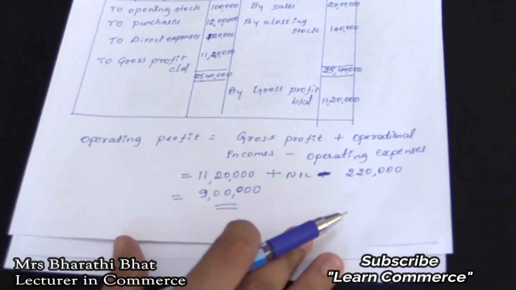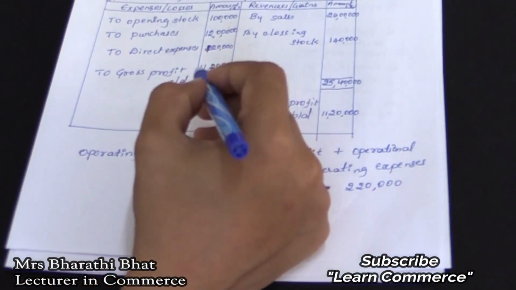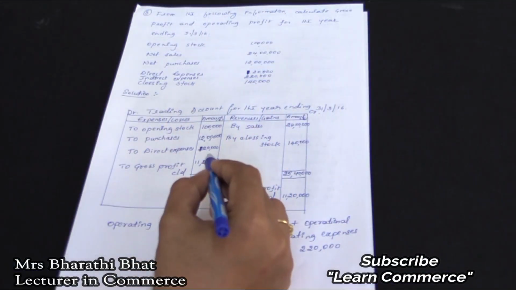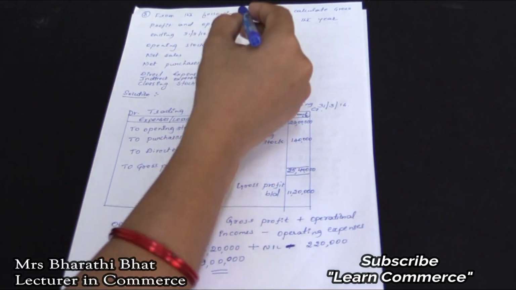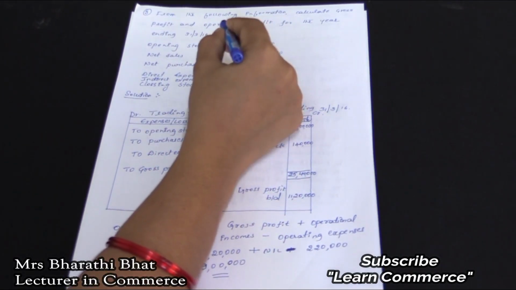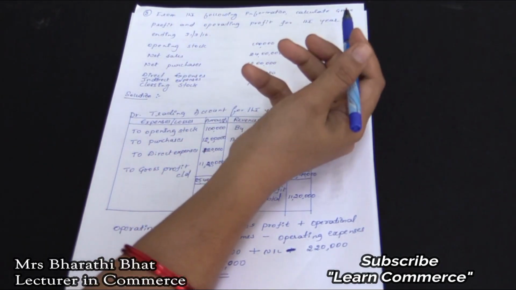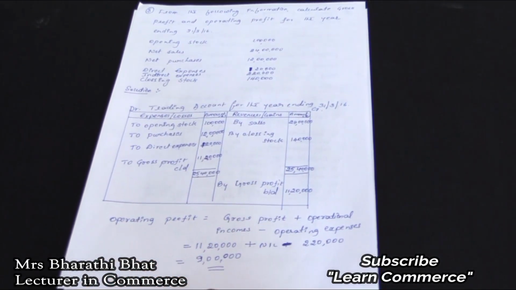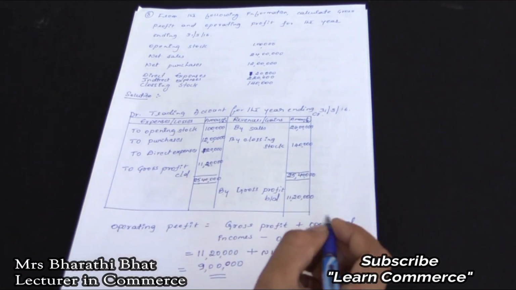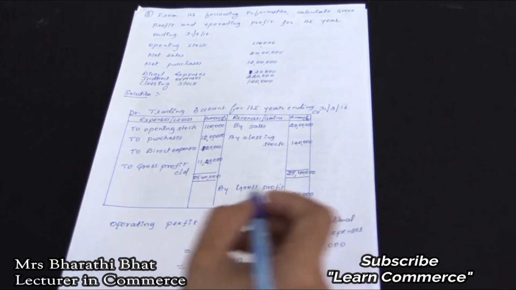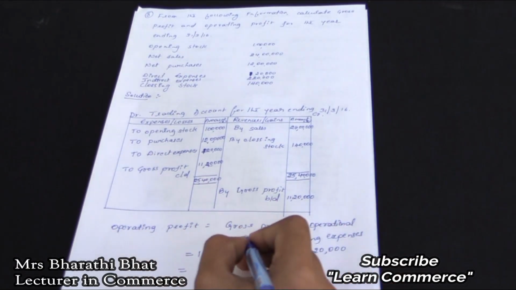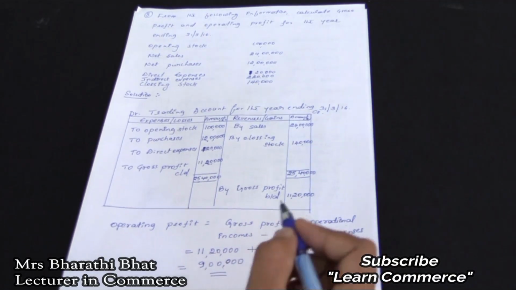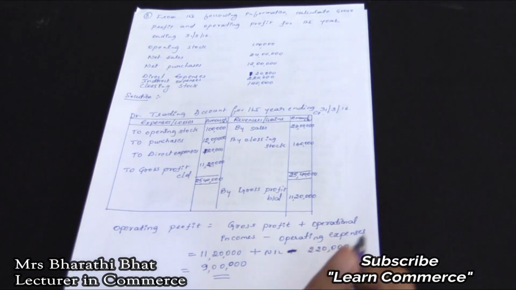Now we've completed the first process, that is the calculation of gross profit. Another one remains, that is the computation of operating profit. How can we compute operating profit? There is one formula: operating profit equals gross profit plus operational incomes minus operating expenses.